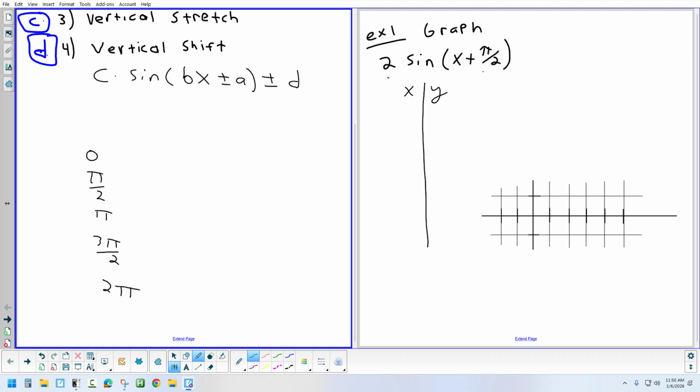The phase shift is going to move it left and right. Are we going to add or are we going to subtract to all the original x values? Yeah, subtract. So this is what we did yesterday. And how much are we going to subtract? Pi over 2.